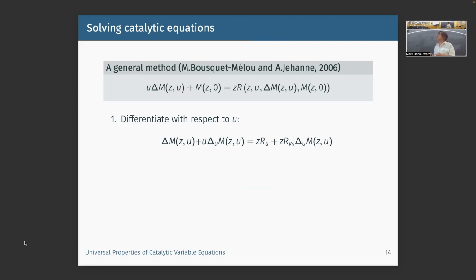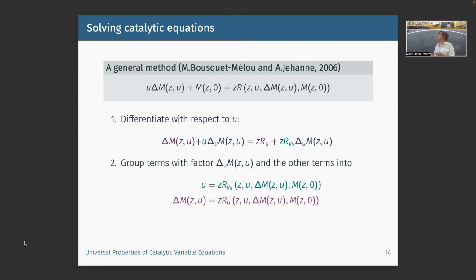And now the second step is we group terms with the factor of the partial derivative of the divided difference. So on the left-hand side, this is u, on the right-hand side, this is z times the partial derivative of R. I left out the coefficients here, to save space. And if they add up to 0, then of course the rest of the terms, the magenta terms, also have to add up to 0.